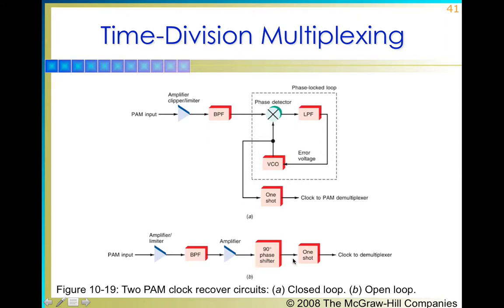Then it is fed to the one shot multivibrator, which generates the clock signal. So there are two ways of generating the clock signal, and this signal is the received signal at the receiver, the sampled form representation of the signal, and with the help of that signal we are able to calculate the clock signal, which is one of the signals used to ensure the synchronization at the receiver side.